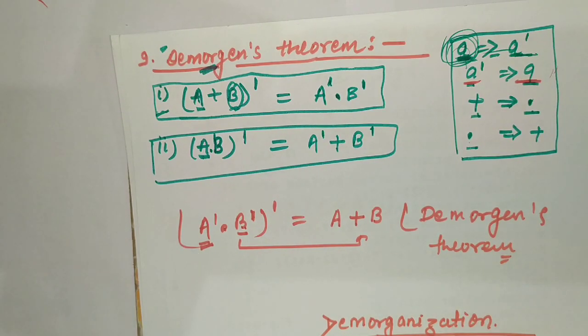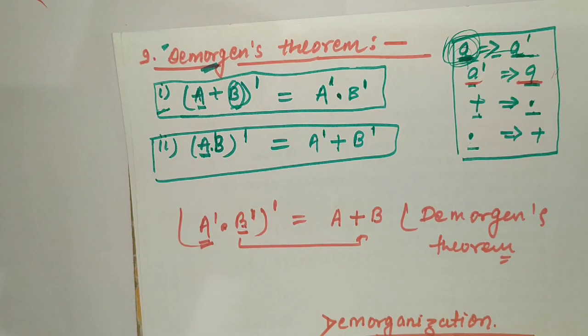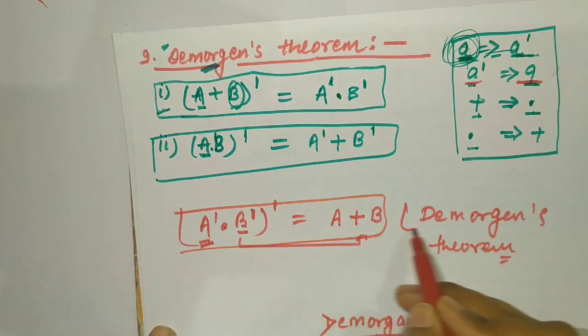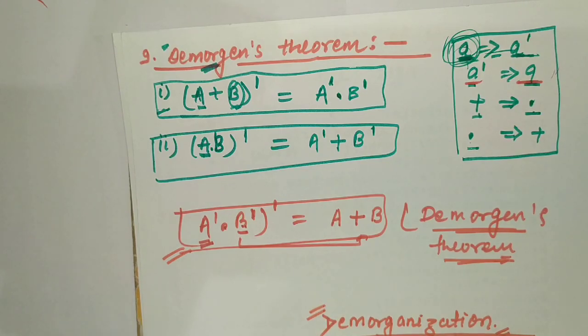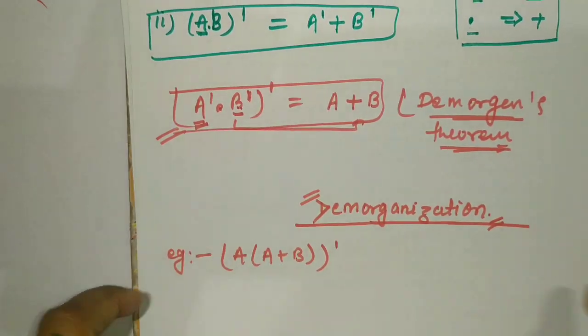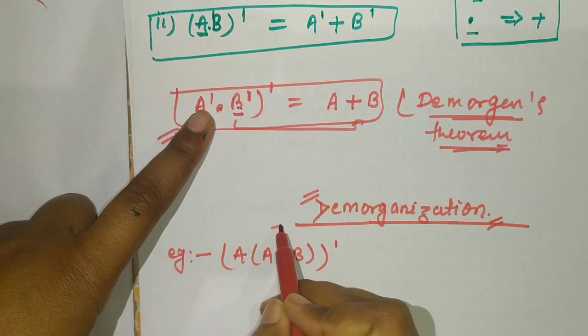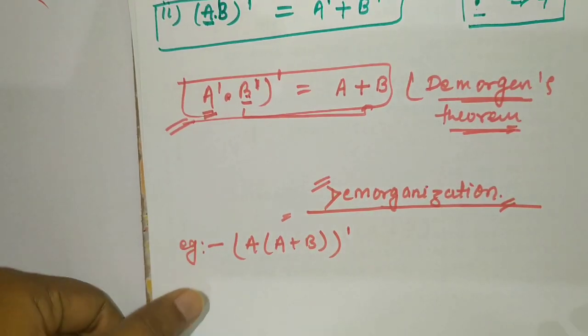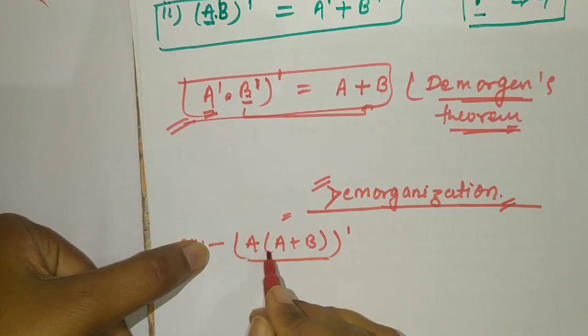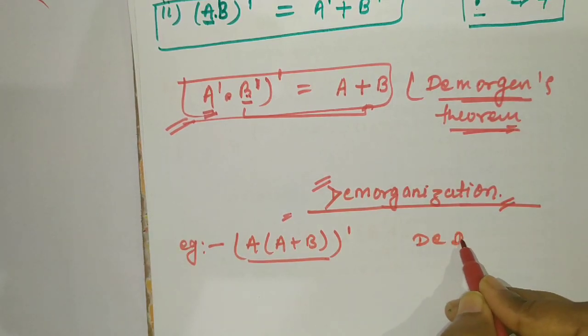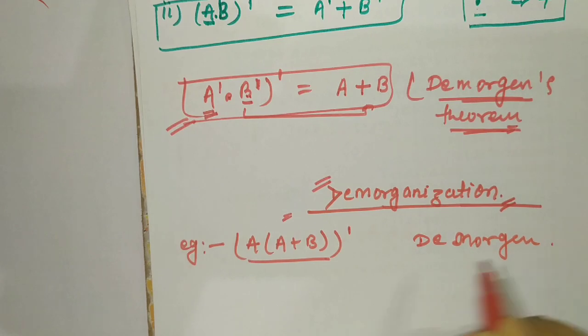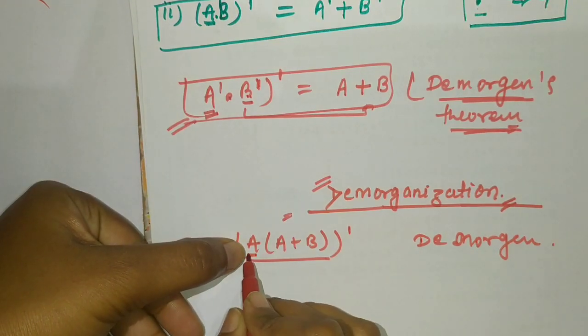Next, demorganization. What is demorganization? Solving any question by using De Morgan's theorem is called demorganization. Let's take another example: A plus A dash, A plus B whole dash.